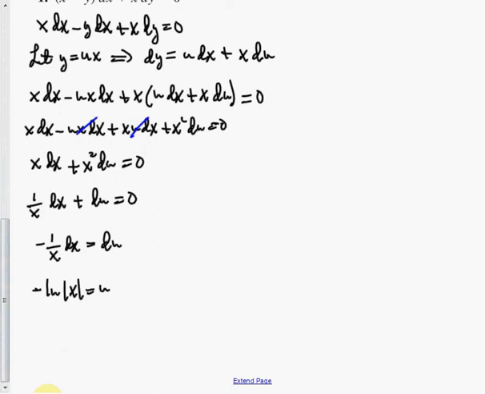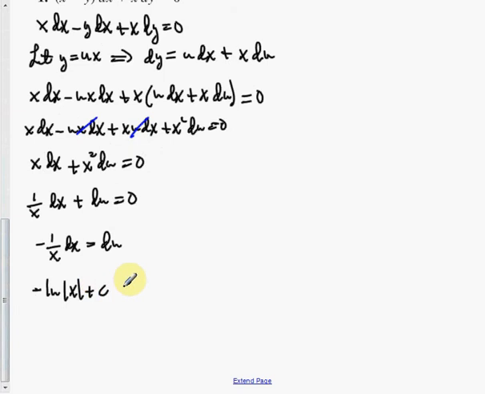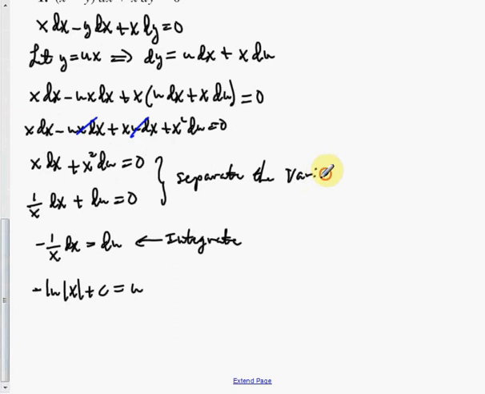Plus c is equal to u. We integrate it, right? Separate the variables.